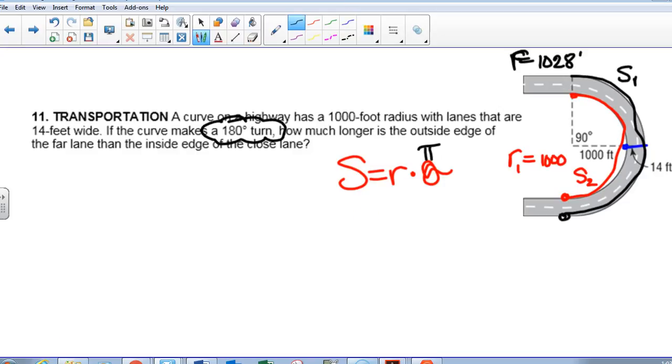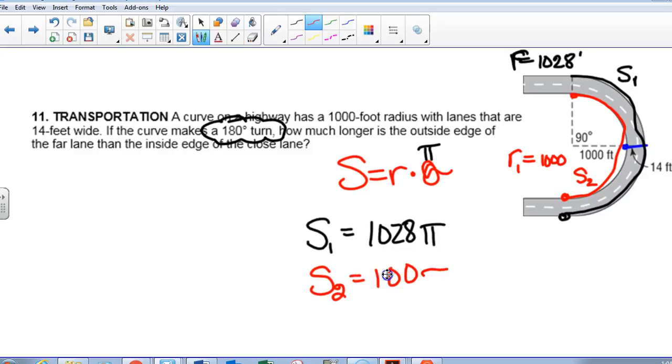All right, so for S1, the outside one, we'd have 1028 pi, right? And for the inside arc, we'd have 1,000 pi. Whoops, forgot a 0. And so how much further is it, or how much longer? 28 pi.